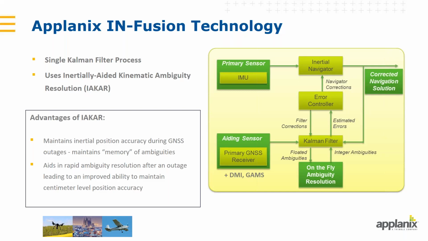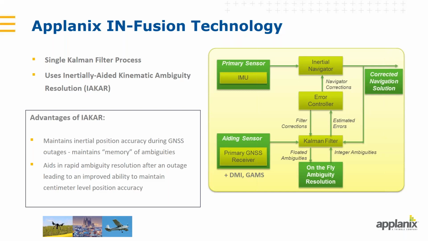The Kalman filter also runs an on-the-fly ambiguity resolution. When we speak about on-the-fly ambiguity resolution, that refers to the GNSS technology and the data from the GNSS receiver. So we are using here an inertially aided kinematic ambiguity resolution technique that basically maintains the inertial position accuracy during the GNSS outages.